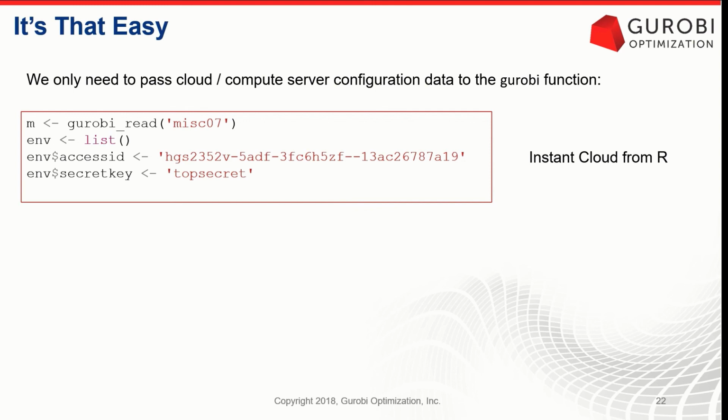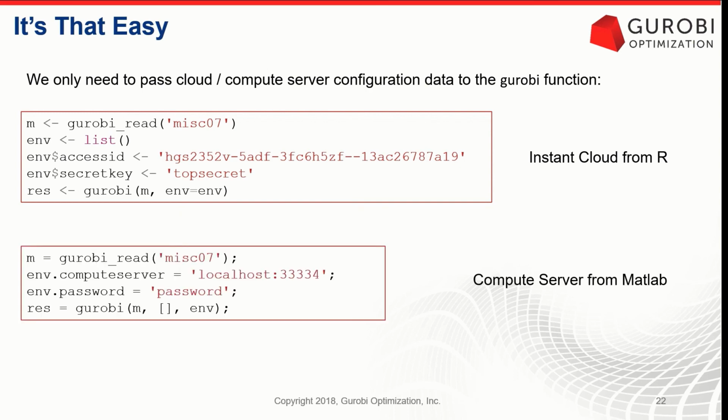So you will have an access ID that you have to specify and a secret key. Once you've done that, all you need to do is pass this list as an additional input argument to the Gurobi function. And the effect is that the model is no longer solved on your local machine, but sent to the instant cloud service specified by the access ID.